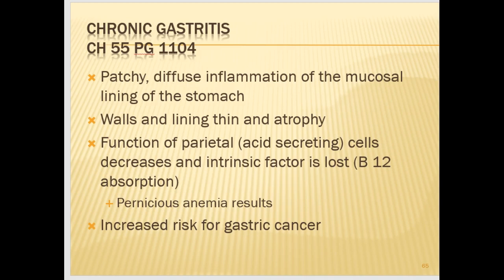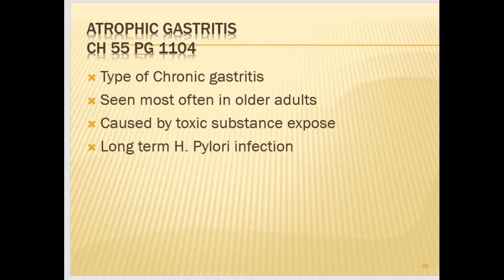So guess what's happening? Pernicious anemia occurs. Remember we talked about absorption of vitamin B12. If we don't get that vitamin B12, pernicious anemia is going to result. Okay, so also you have an increased risk for gastric cancer too.